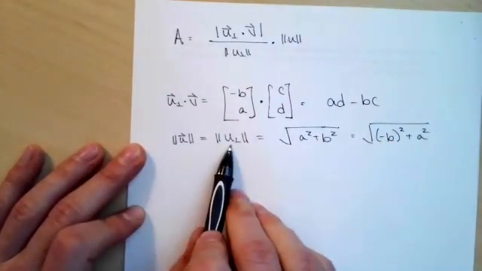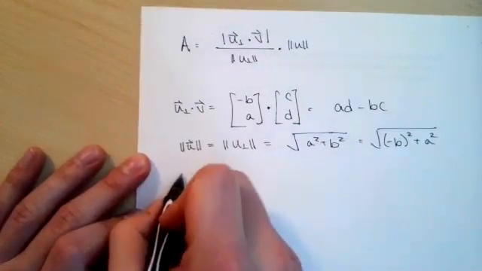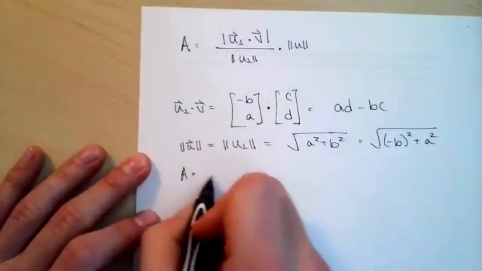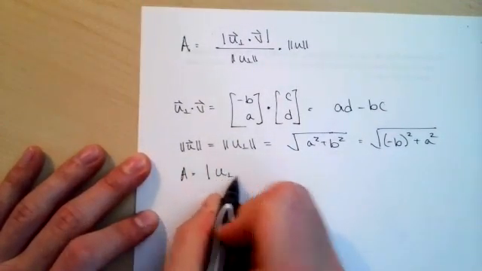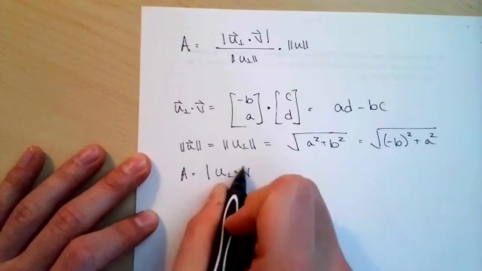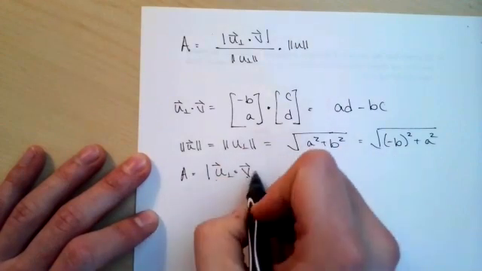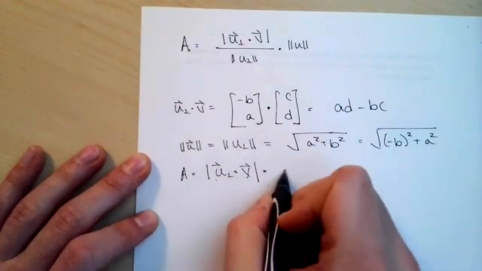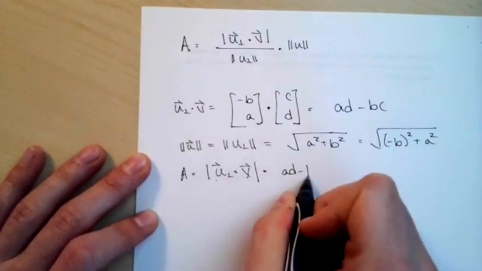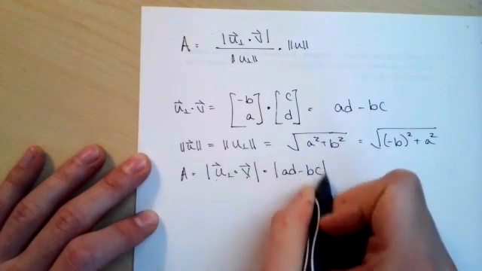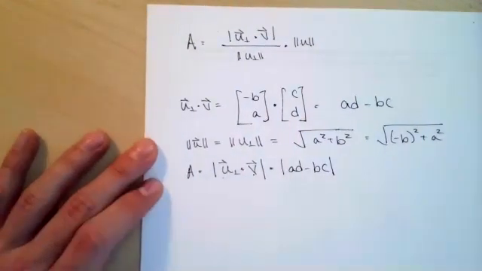So since those two are the same, our area is just going to be the absolute value of the dot product of v with the perpendicular vector of u, and that's going to give us AD minus BC in absolute value.